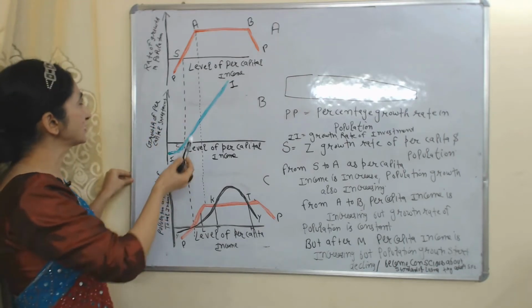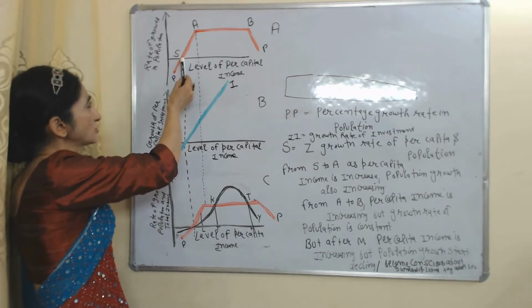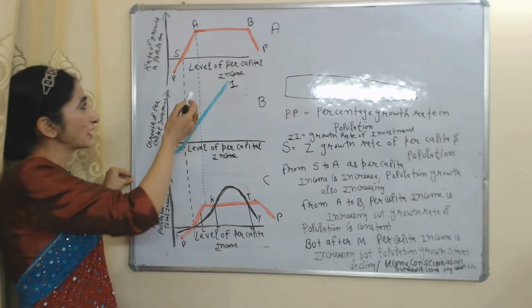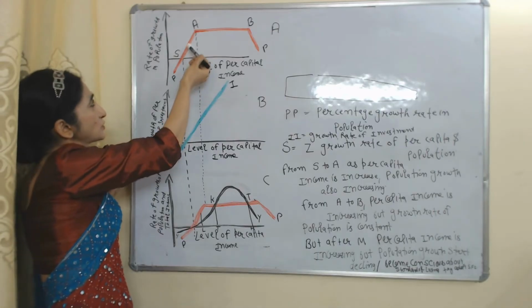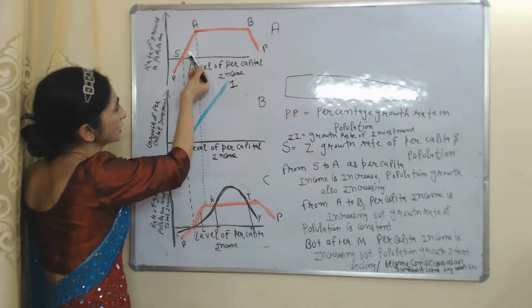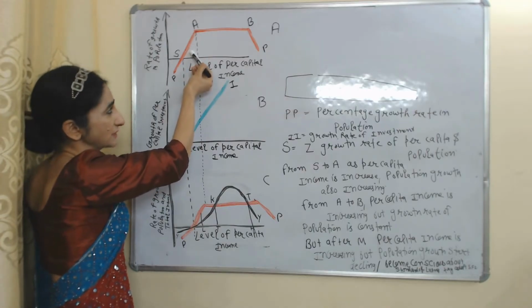Here you can see at point S, the growth rate of population and the growth rate of per capita income is 0. But from S to A, as per capita income increases, our growth rate of population also increases.